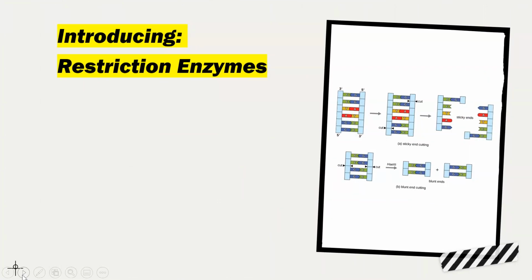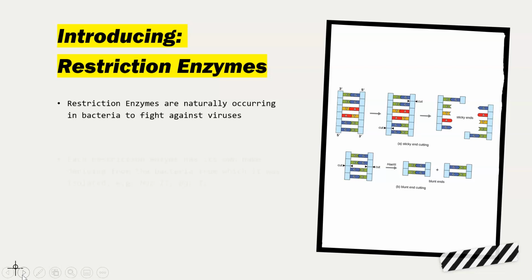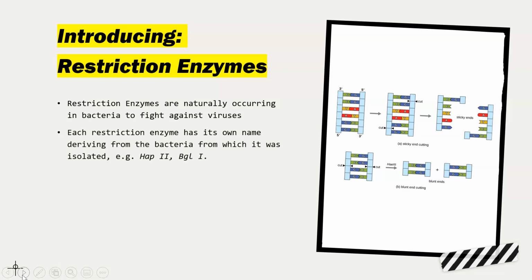Now, before we get to that, we need to understand this whole concept of these restriction enzymes. So we did mention them previously. Let's have a look at them in a little bit more depth. So restriction enzymes are naturally occurring in bacteria, and they're used in the fight against viruses. Each restriction enzyme has its own name deriving from the bacteria from which it was isolated.